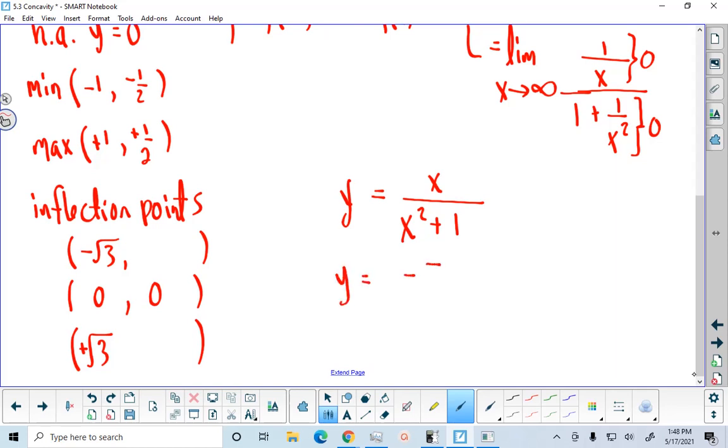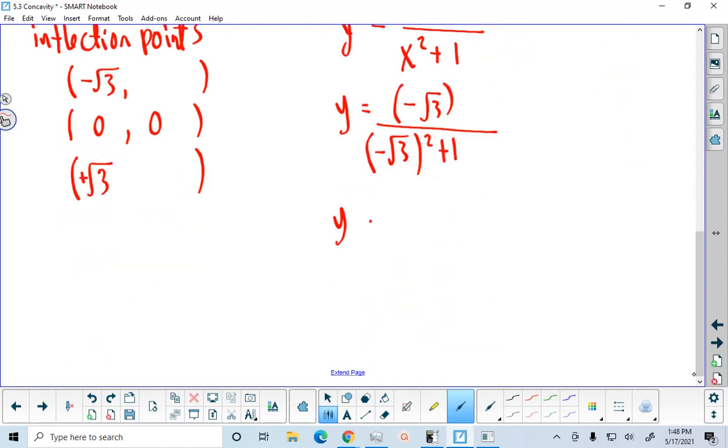So it's negative root 3 over negative root 3 quantity squared plus 1, which is negative root 3 over 3 plus 1. Because when I square the square root of 3, I get 3, and I'm squaring a negative, so it becomes positive. So it's negative root 3 over 4.